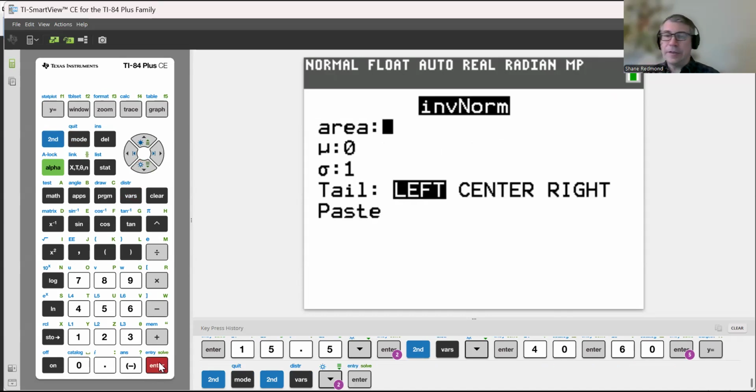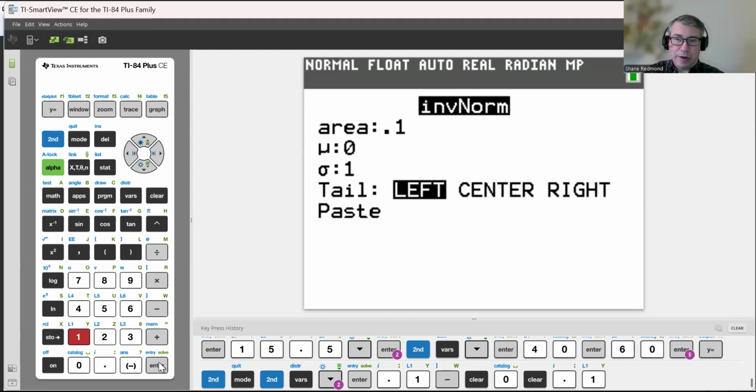And here on the inverse norm command, they want the area. So here's where we look at that picture. We wanted a picture that had the bottom 10% shaded in. So we'll use 0.10 for the bottom 10%.